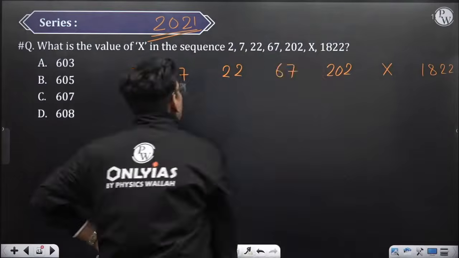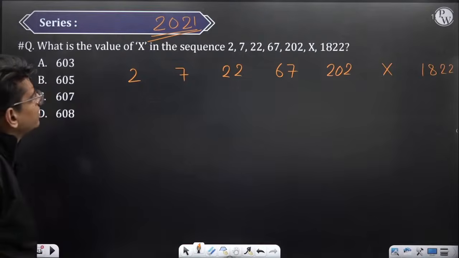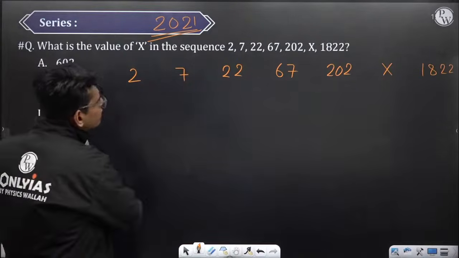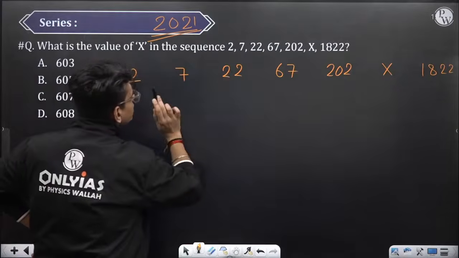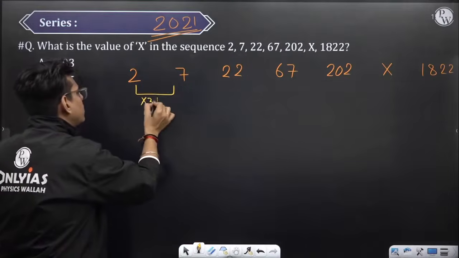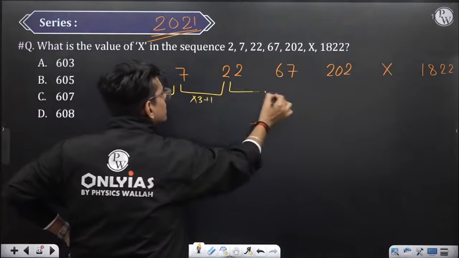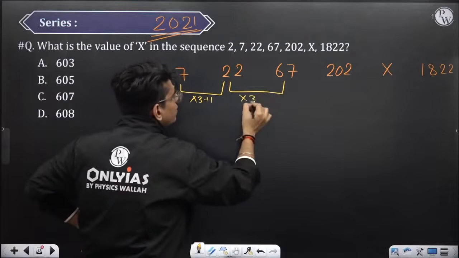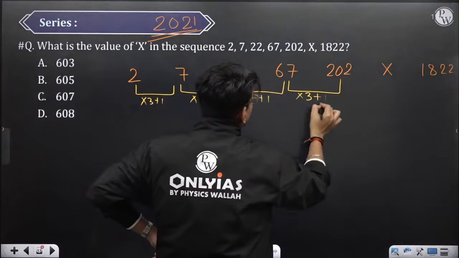We don't know the common difference. If you see, 7 is 2 into 3 plus 1. So this is into 3 plus 1, again into 3 plus 1, 67 is 22 into 3 plus 1, and again into 3 plus 1.